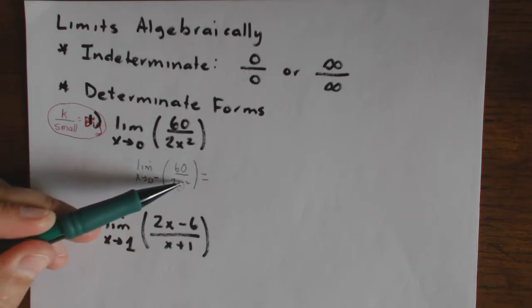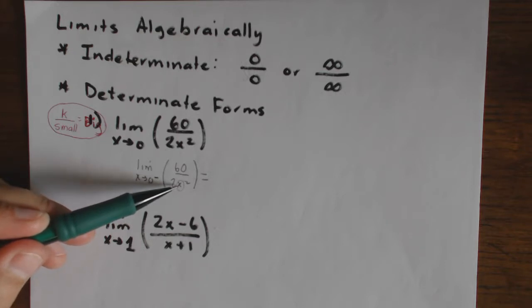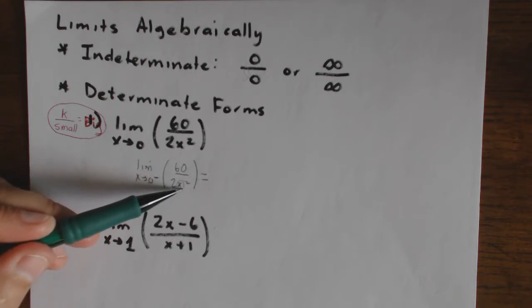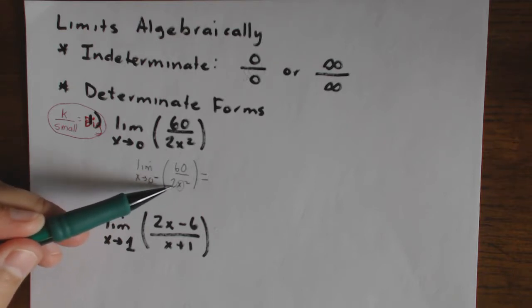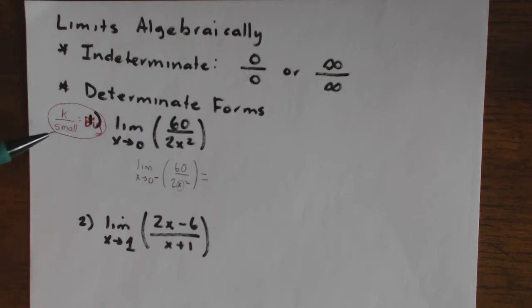It becomes positive. So if you put a really, really small negative number in here, it becomes a really, really small positive number. If I multiply that by 2, I still have a really, really small positive number.